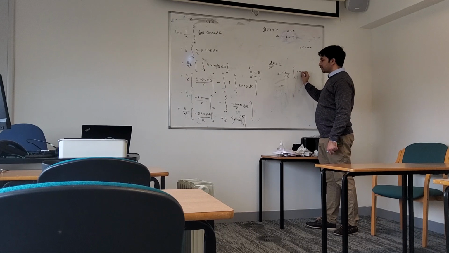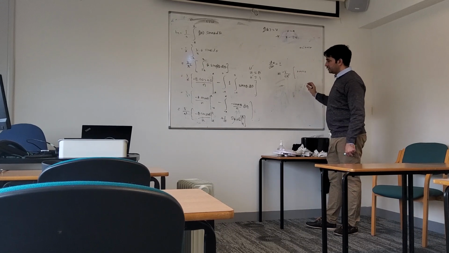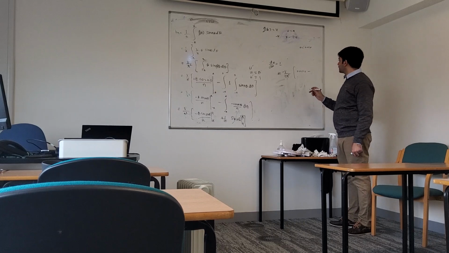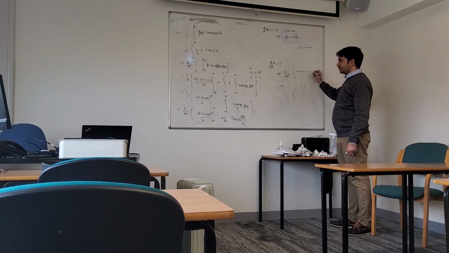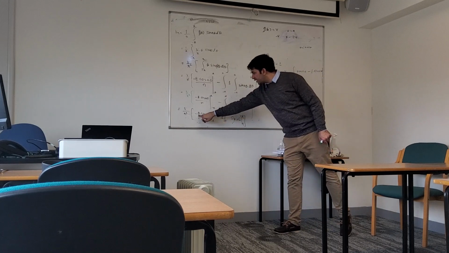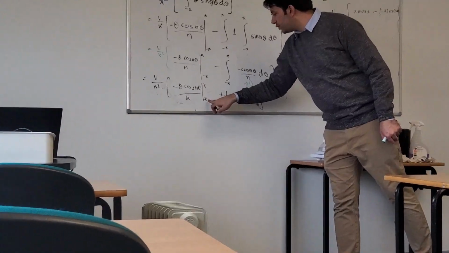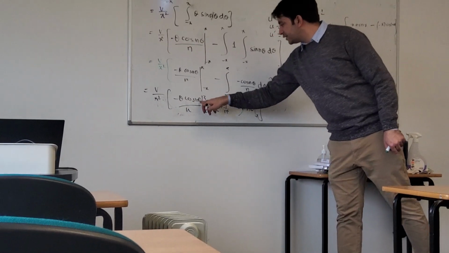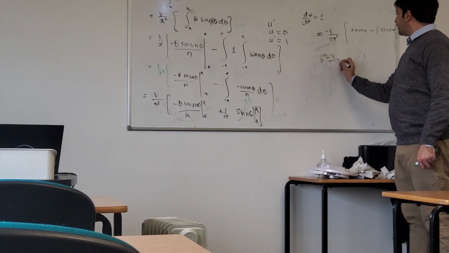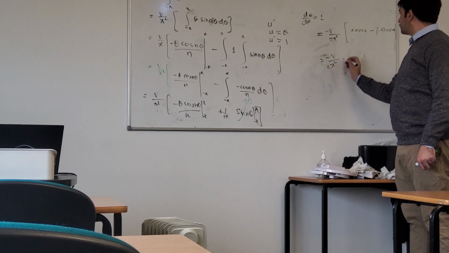So pi cos of n pi, and then there is a minus sign, and then you have minus pi cos of minus n pi, right? So you have upper limit pi comes here, then you have lower limit minus pi comes here, and minus pi comes inside. So it would be minus b divided by pi square.